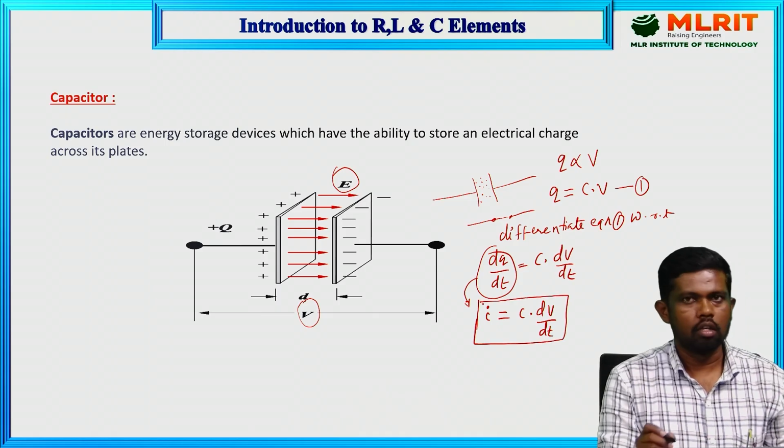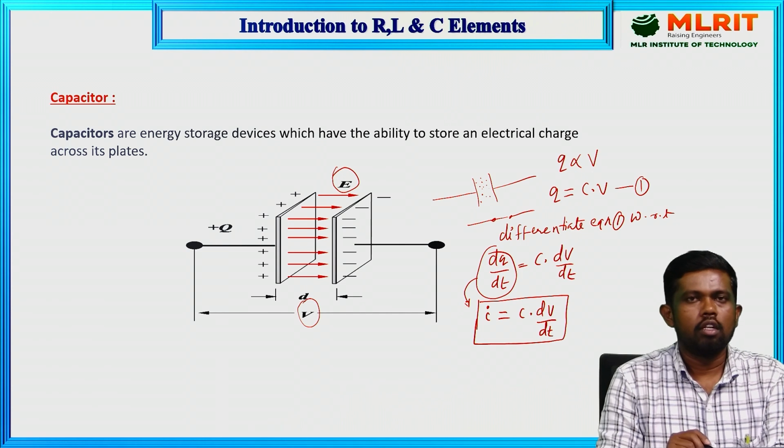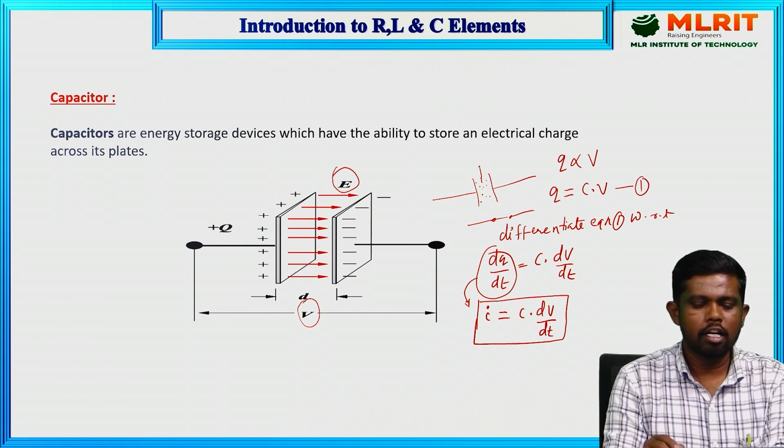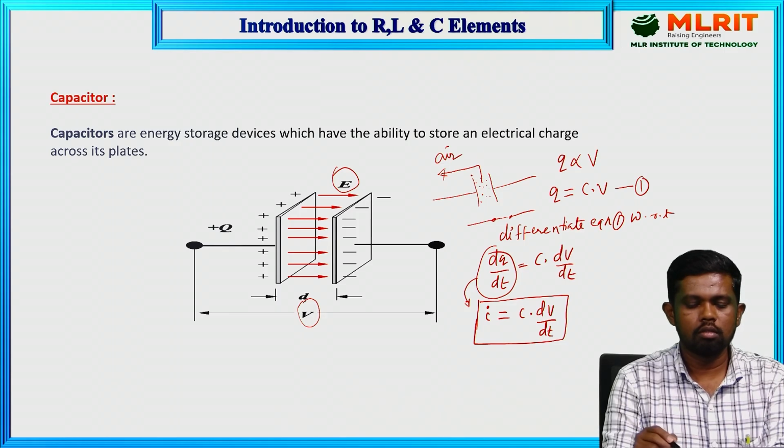So this is a capacitor. A capacitor is two parallel conducting plates or materials separated by a dielectric or insulating material. The best example of a dielectric material is air. Air separated by two parallel conducting plates is simply called a capacitor.